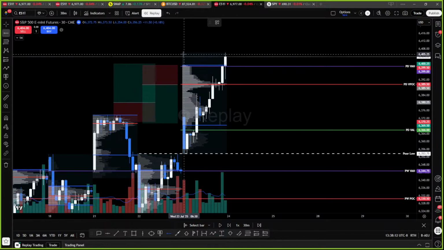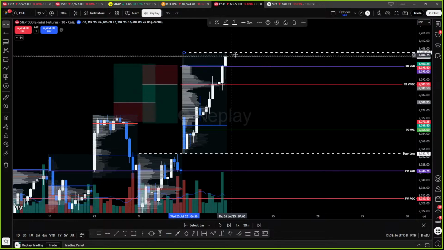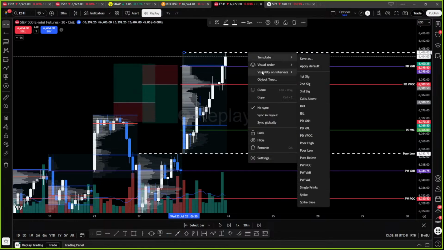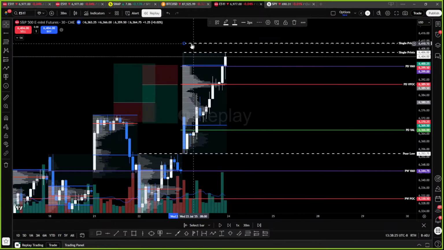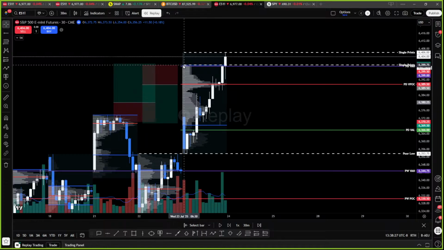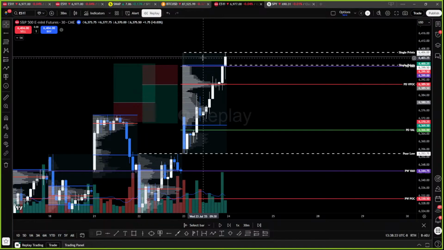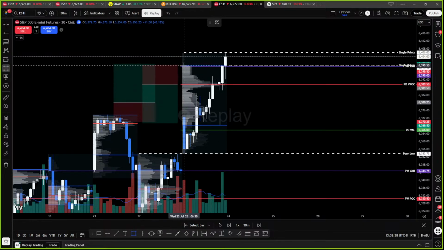I mislabeled it, and it became what I labeled it as. So this is single prints. Close enough. I would take the single print mid as a short.